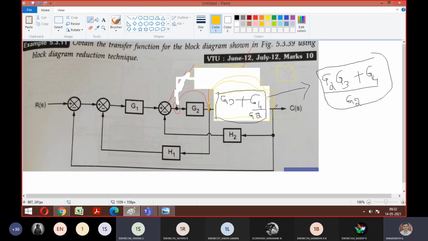To block the whole thing, sir. G2 into G3 plus G4. Yes, sir. So if I shift this point here, then what is the thing you have to write? You have to write here or you have to write for this block? That is a question.